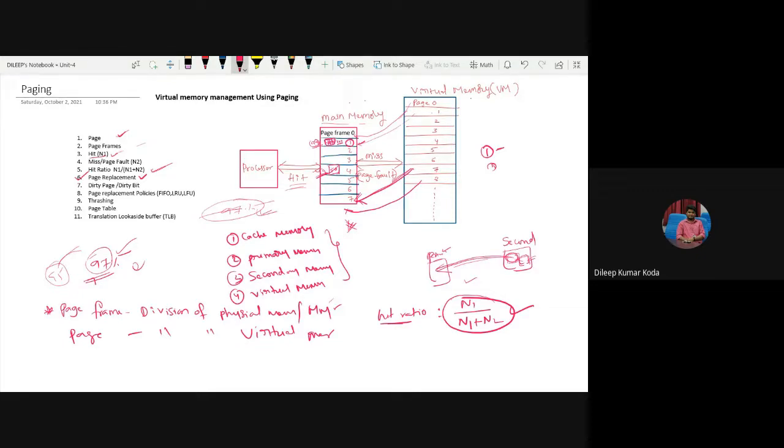That concept is known as page replacement. We are replacing the information. Is this clear? So what are the principles for replacement? A page which is no longer relevant, no longer required, may be replaced.